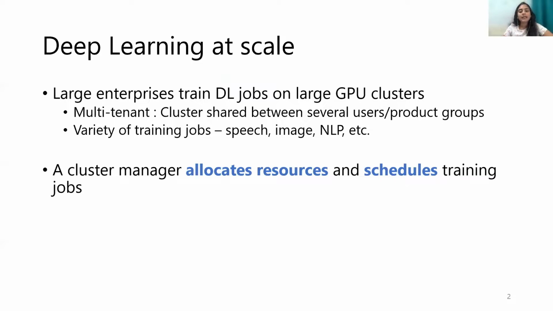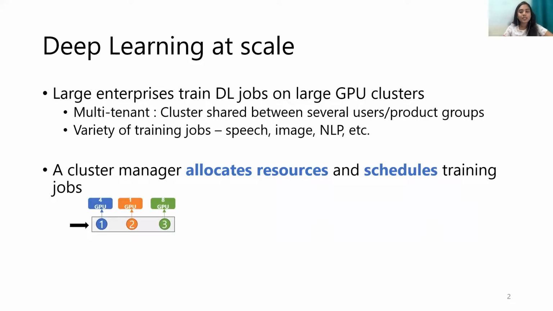With the growing popularity and scale of deep learning, enterprises and cloud data centers manage large GPU clusters on which several users can request to run their DNN training job. Such multi-tenant GPU clusters typically run a variety of training jobs across different domains ranging from image, speech, and language models.